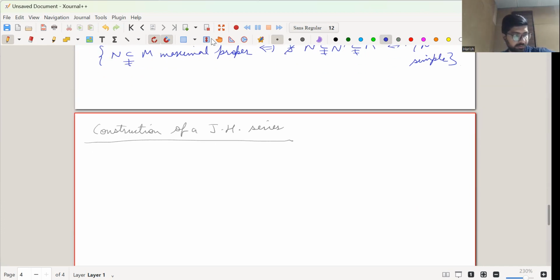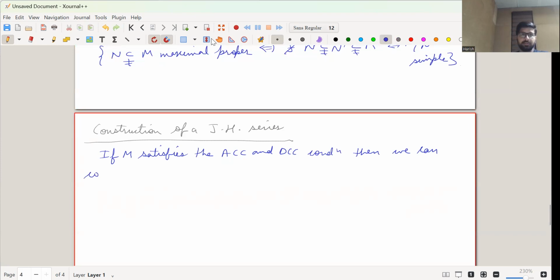So if M satisfies the ACC and DCC condition, then we can construct a Jordan-Hölder series in the following way.